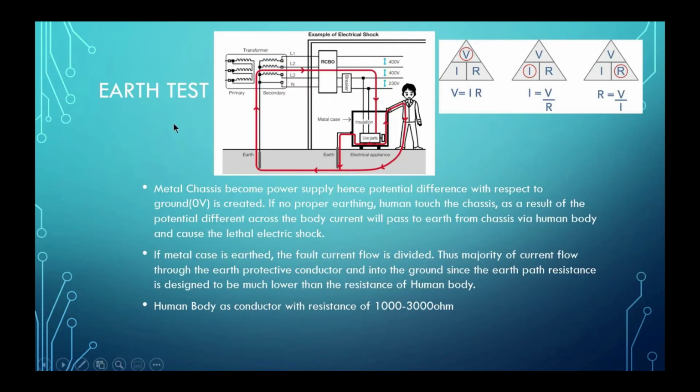Now we go to the earth test. Why do we need the earth test? You see here, this diagram. I'm not sure you all can see this diagram or not. Here is the live voltage coming down.